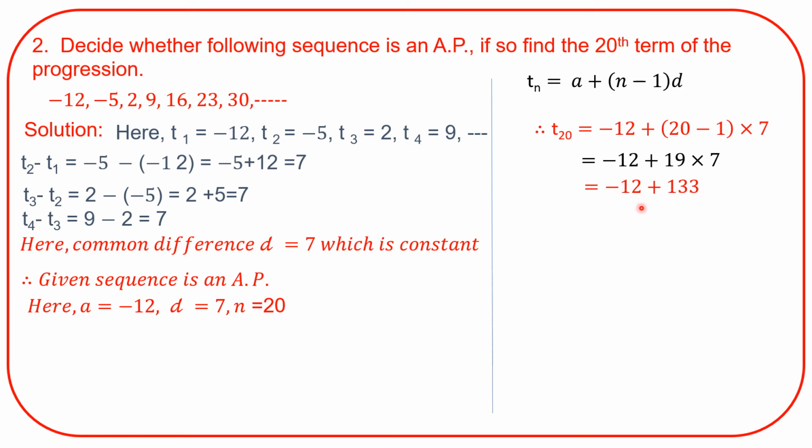Therefore, subtract 12 from 133, is equal to 121. Now write down the answer. 20th term T20 is equal to 121. Highlight the answer. Solve this example in your notebook.